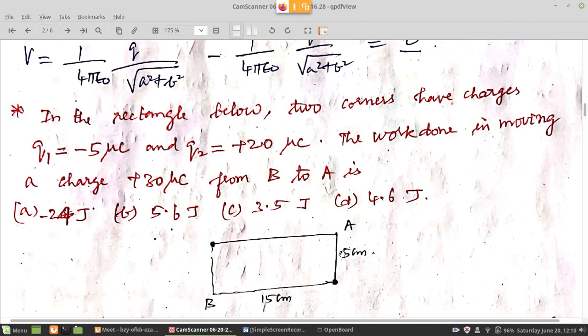Minus 5 plus 6 actually. You will get actually 1/15. So 1/15 into 9, you will do 9 into 10 power 9 also. I think you forgot that. Right?